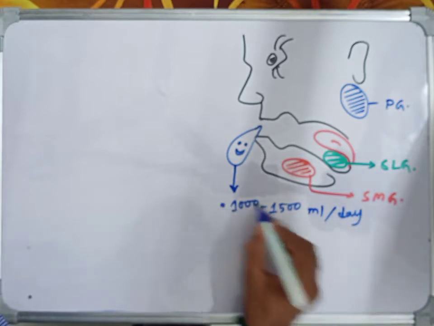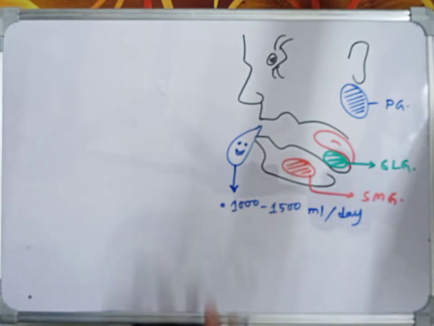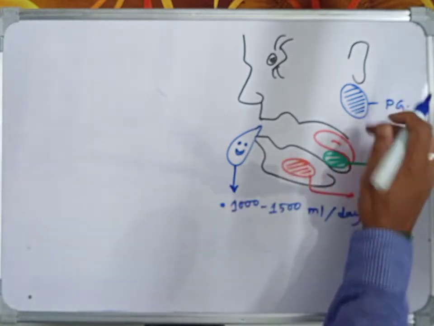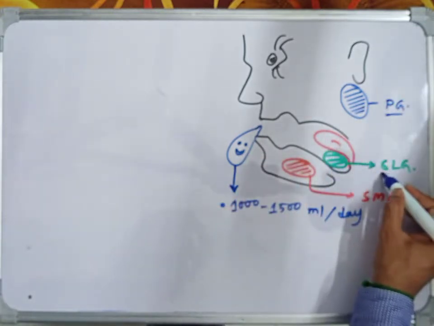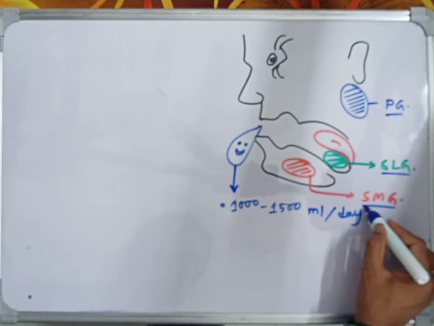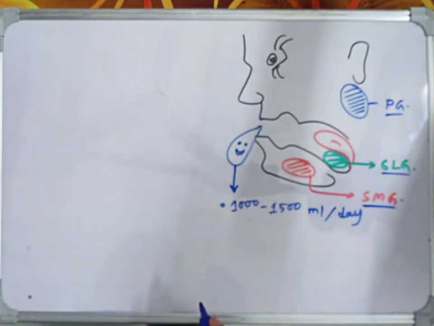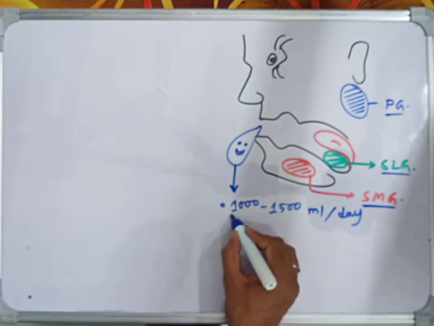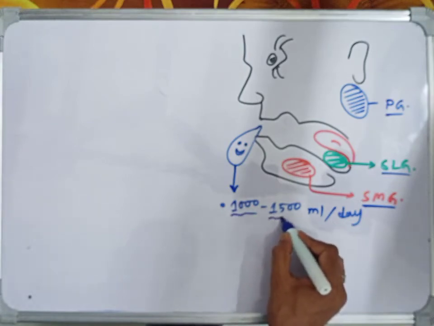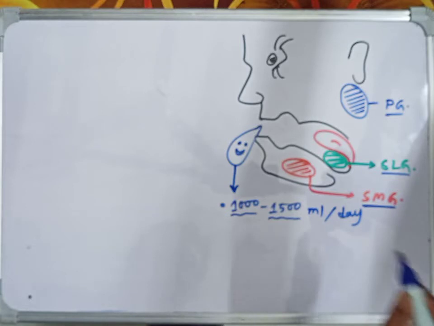That is the MCQ point of view, very very important. All these salivary glands, that is parotid gland, sublingual gland, and submandibular gland or submaxillary gland, all these glands produce 1000 ml to 1500 ml saliva per day, right?